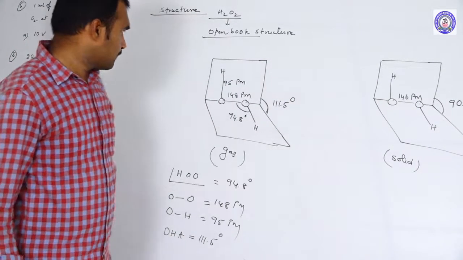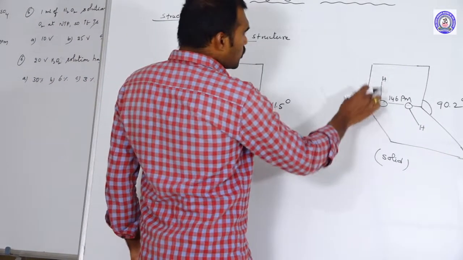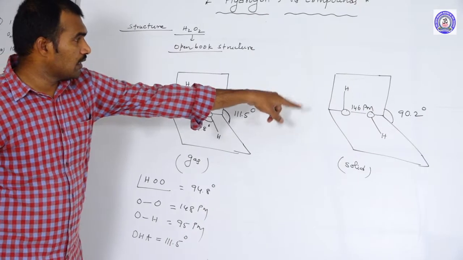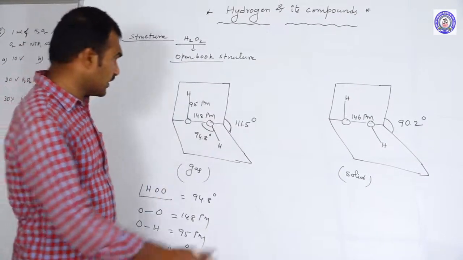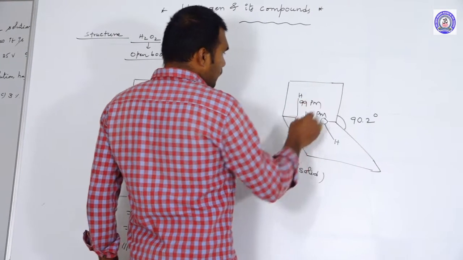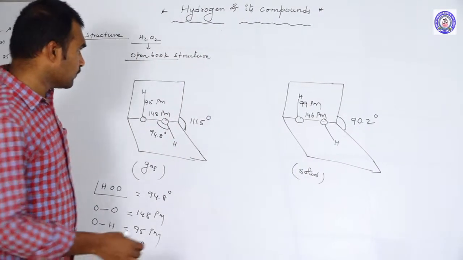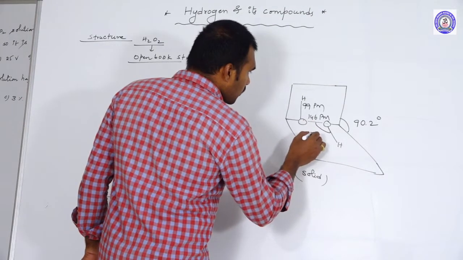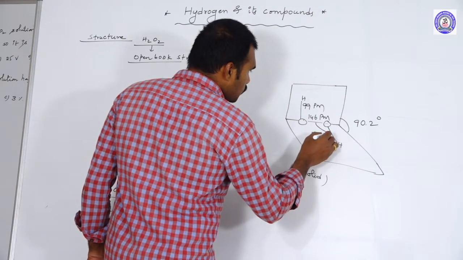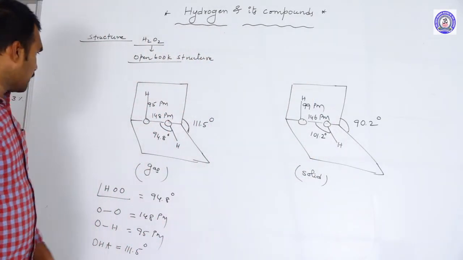Next, coming to the solid phase. The OH bond length here is greater than the gas phase one, approximately 99 picometers. And the HOO bond angle is 101.2 degrees.